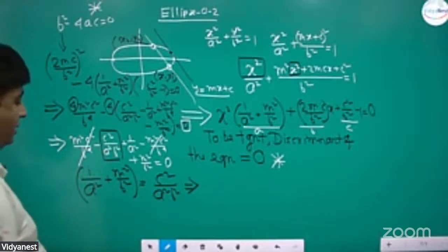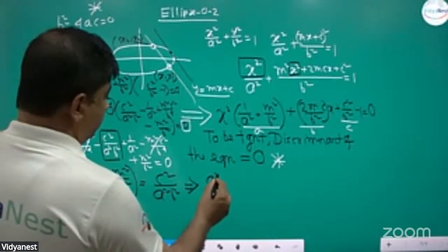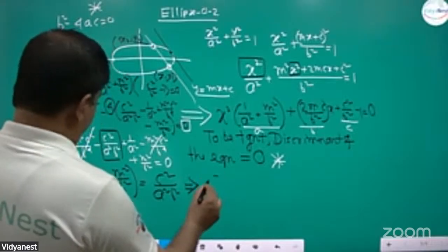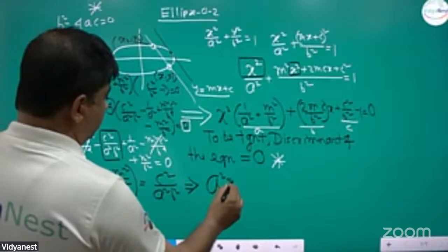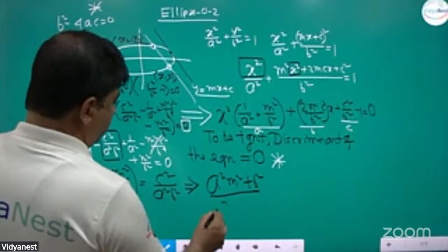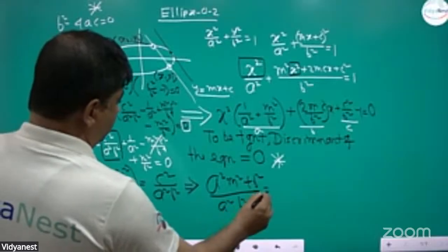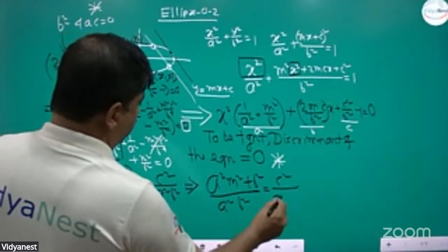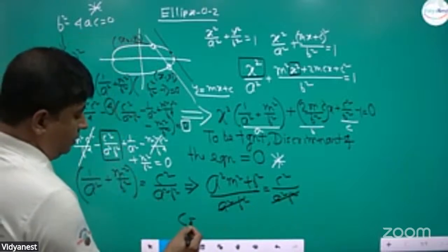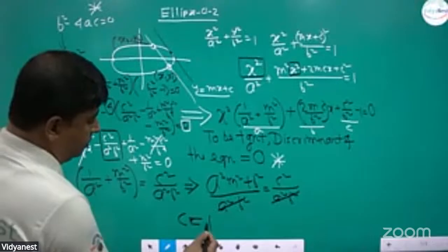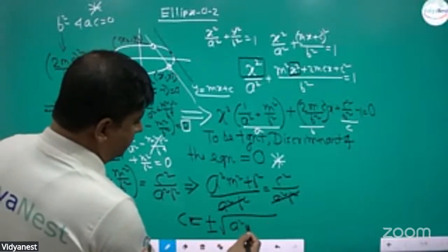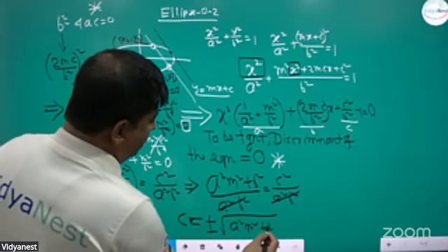So take the LCM. Cancel. So c is equal to plus minus root a square m square plus b square.